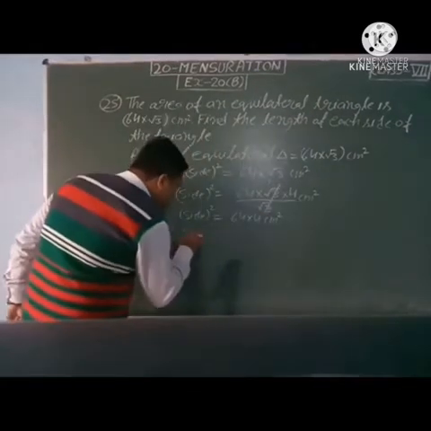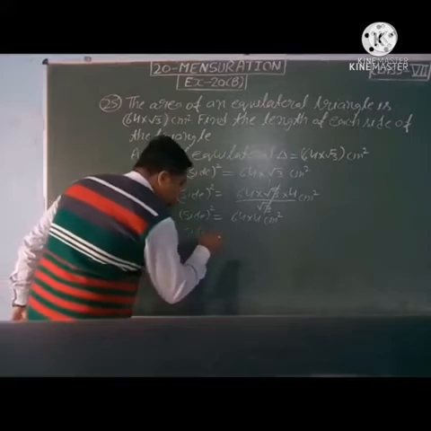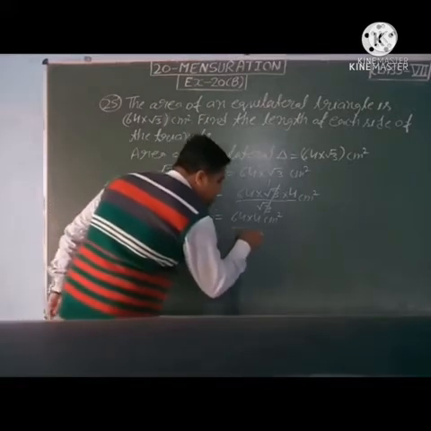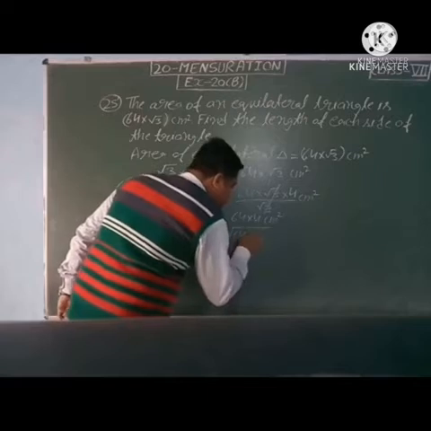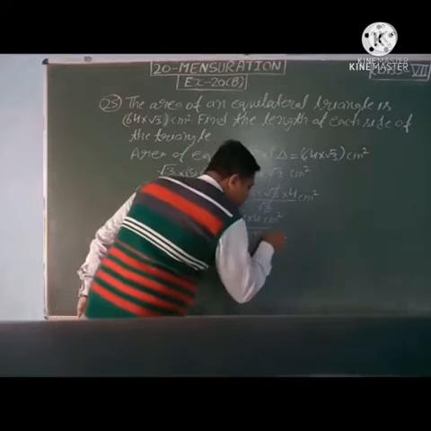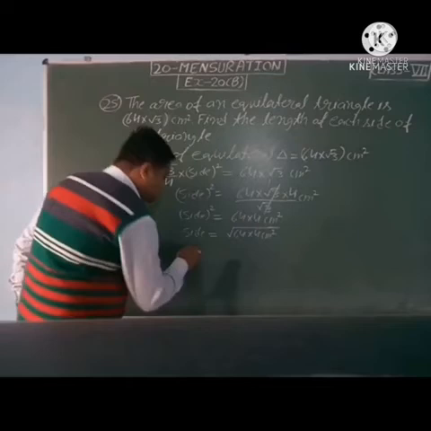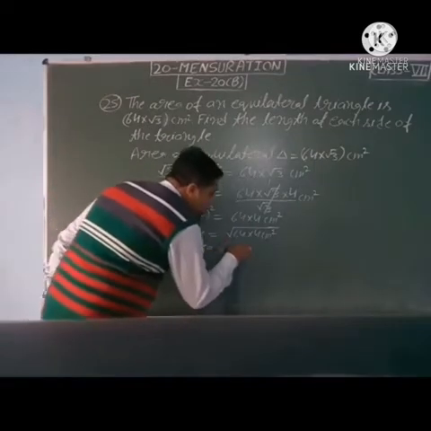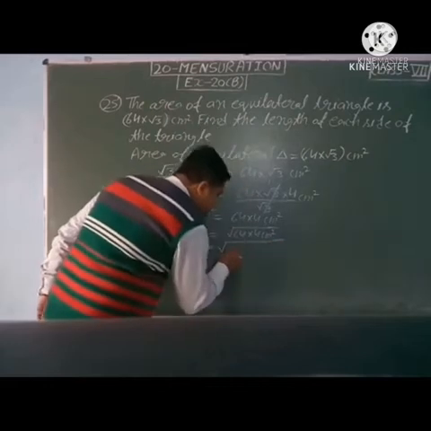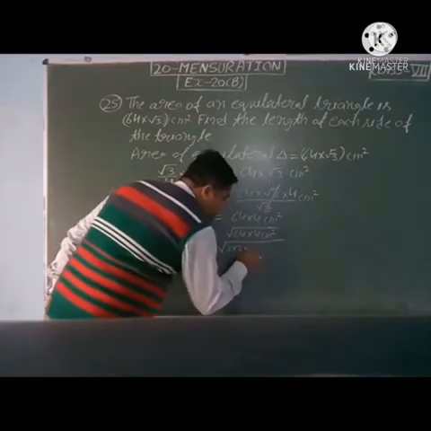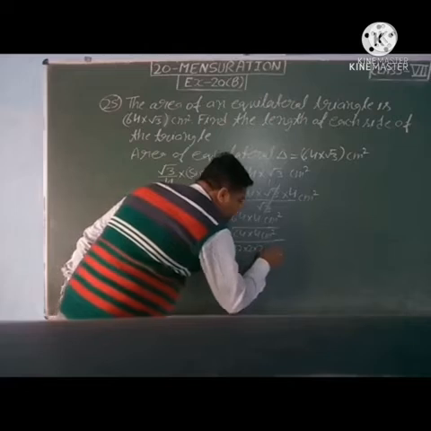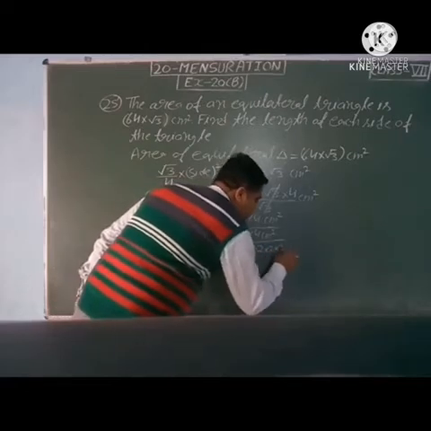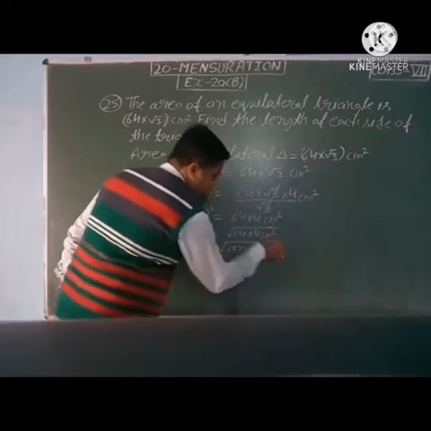So side is equal to under root 64 into 4 centimeter square. So students, we will do the factors of 64 and 4. Factors of 64: 2 multiply 2 multiply 2 multiply 2 multiply 2 multiply 2, that is 6 times 2.